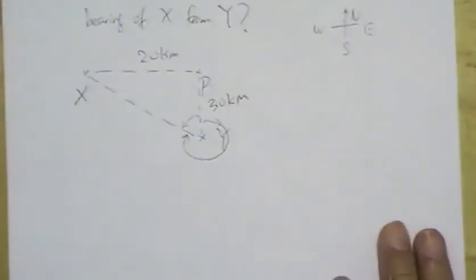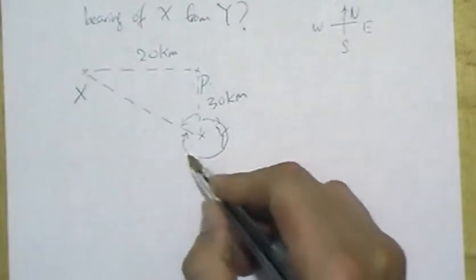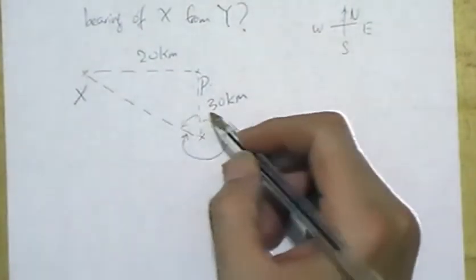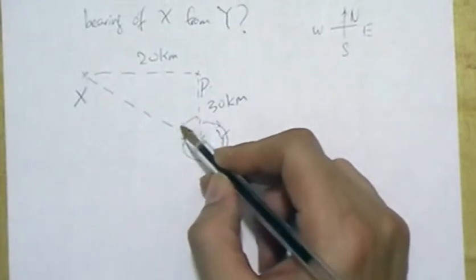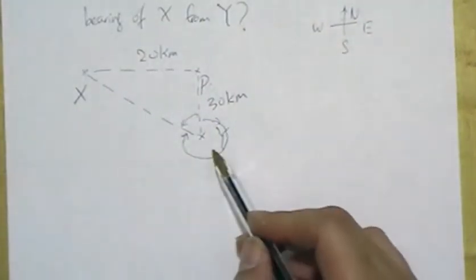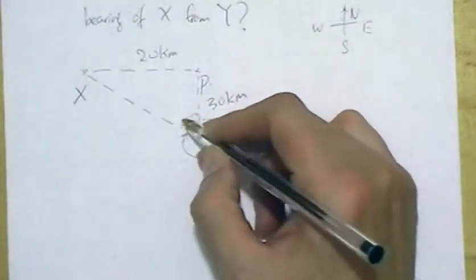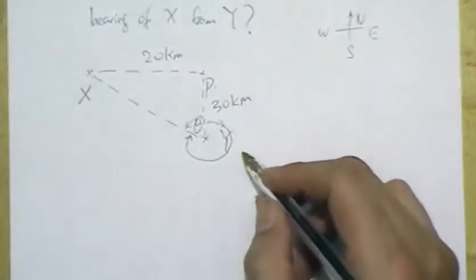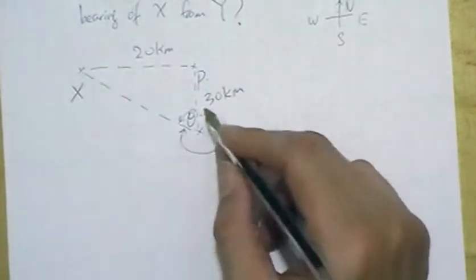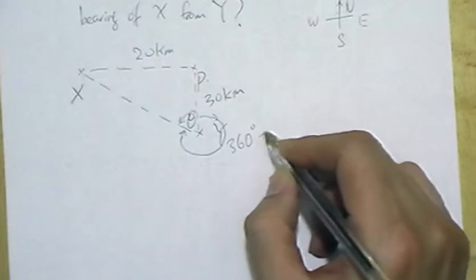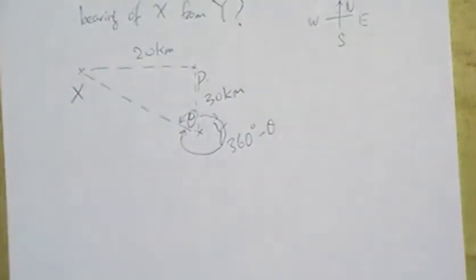In order to find this angle, we can start by finding this acute angle, because if we know this angle, then the bearing is just 360 degrees minus that angle. So let this angle be theta. Then the bearing angle must be 360 degrees minus theta.